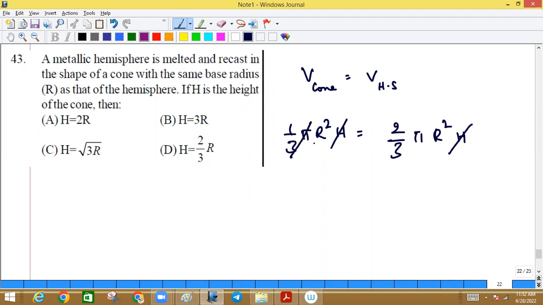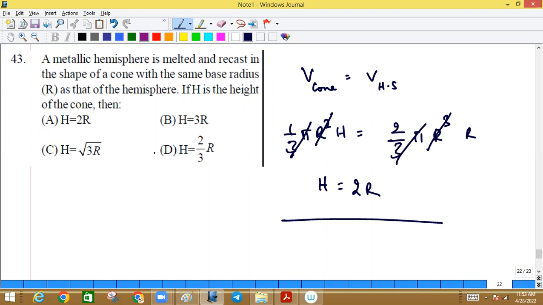H cancel, pi by 3 cancel, r square cancel. Therefore, h is equal to 2 times of radius.